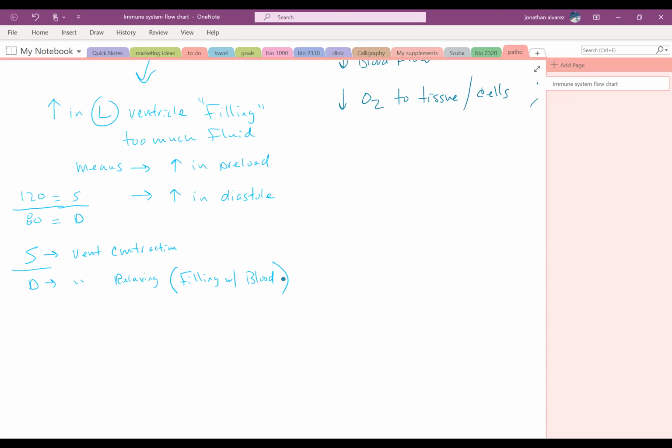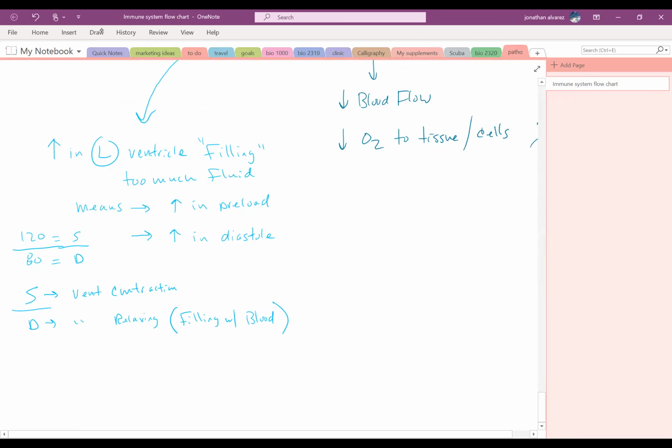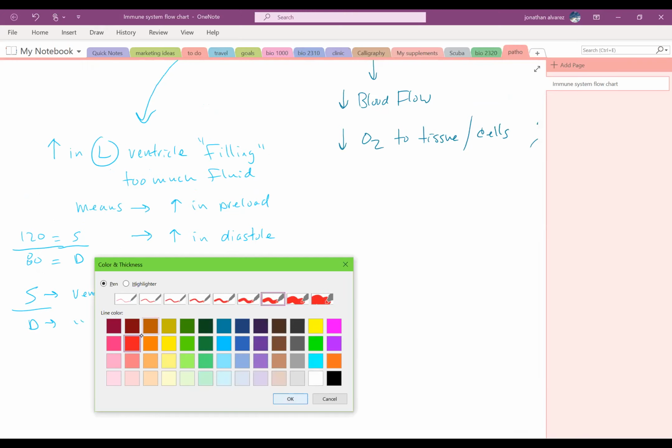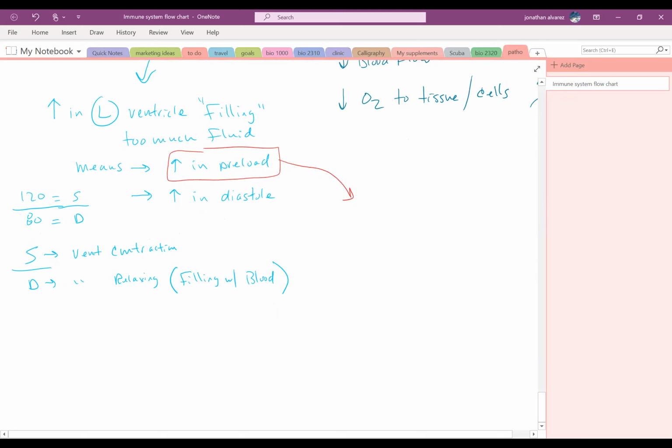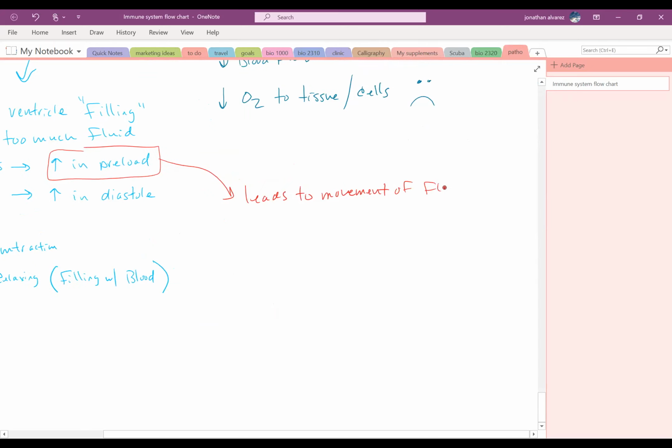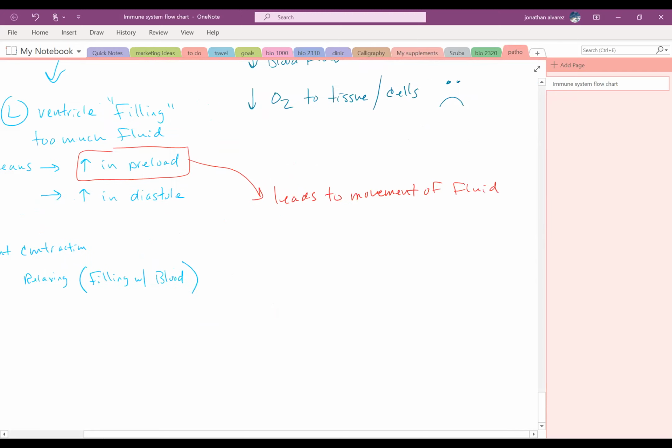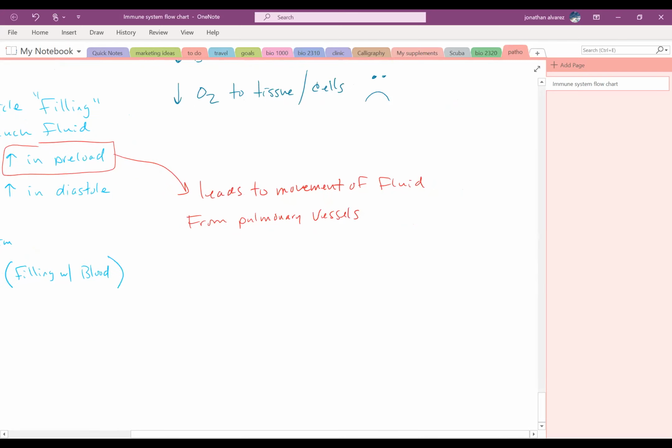So this left ventricular preload, okay, this increase in the preload leads to movement of fluid from the pulmonary vessels to the pulmonary interstitial space.